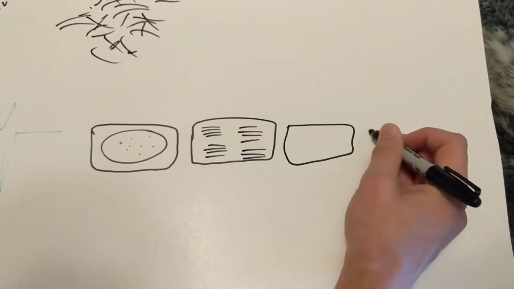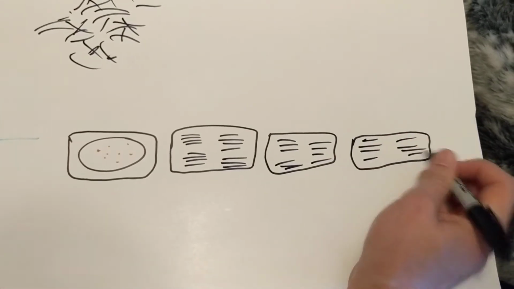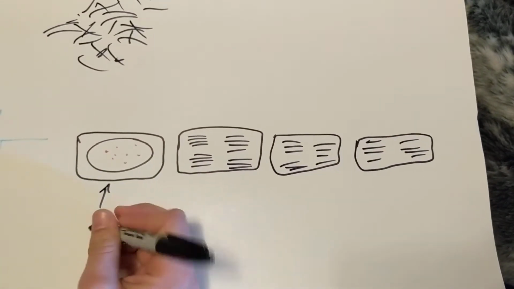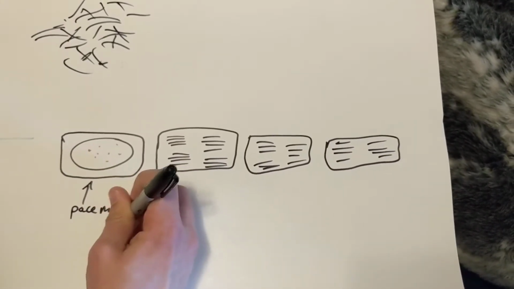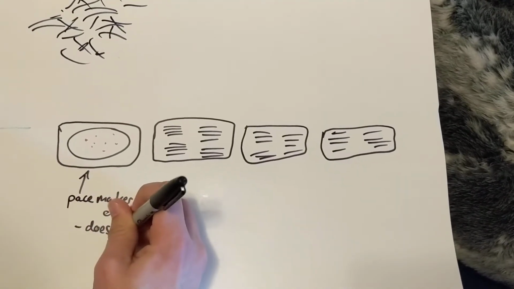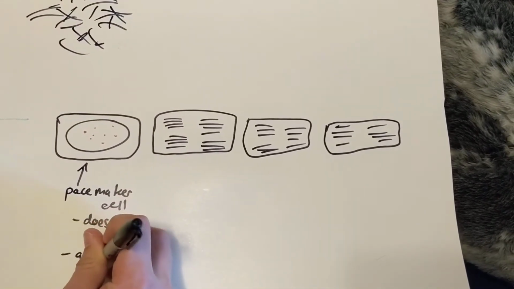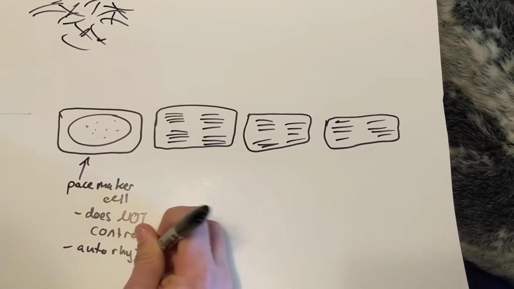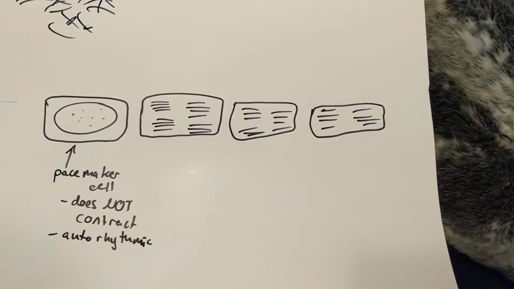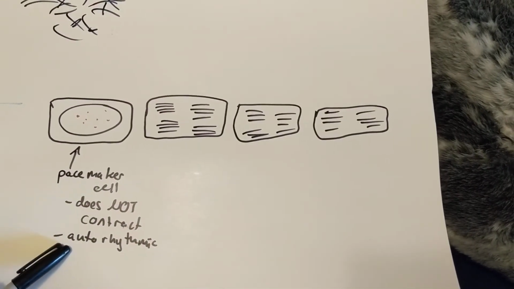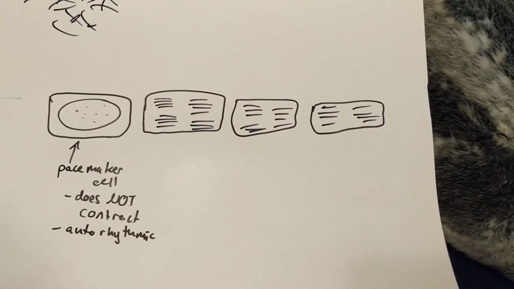And so if we model several of them in a row, if this is a pacemaker cell, it does not contract, and it is autorhythmic, which means it produces its own rhythm, it produces its own electrical impulses. It doesn't take anything from the heart or from the brain. It's self-sufficient in the heart. It doesn't take anything from the brain or the nervous system.